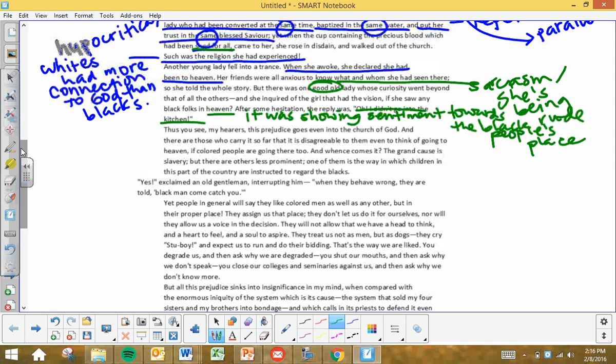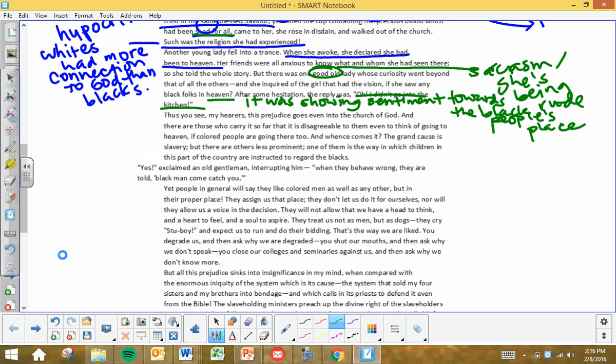Okay. So thus you see, my hearers, this prejudice goes even into the church of God, and there are those who carry it so far that it is disagreeable to them to even think of going to heaven if colored people are going there too. What does that mean? It's disagreeable to them to even think of going to heaven if colored people are going to be there too. What's that mean?